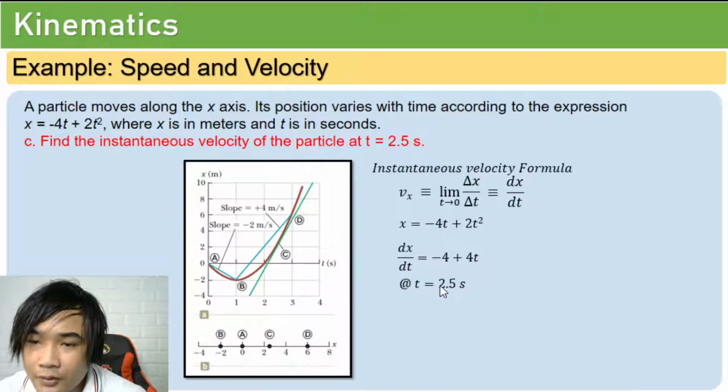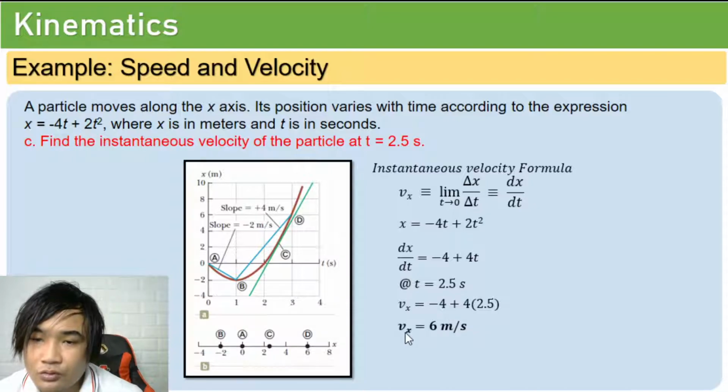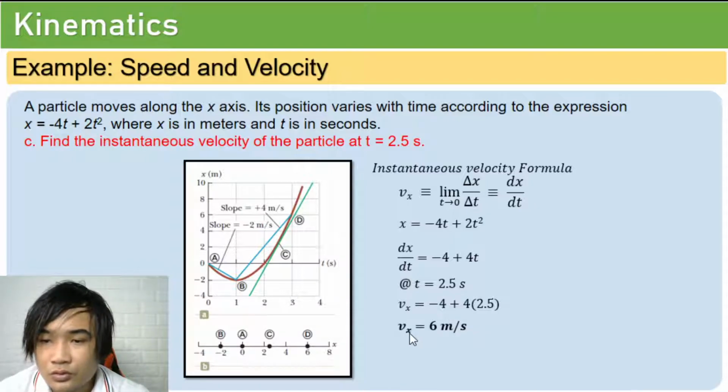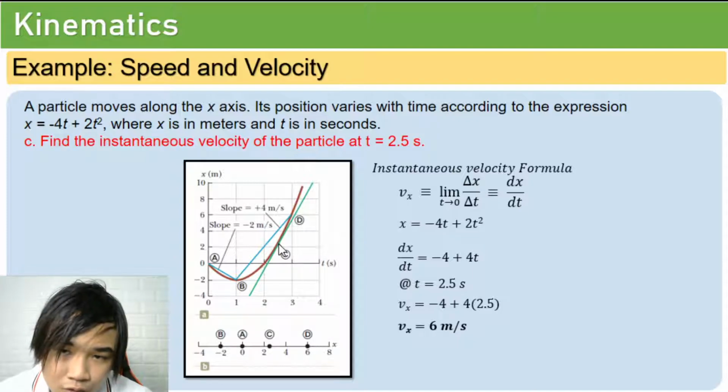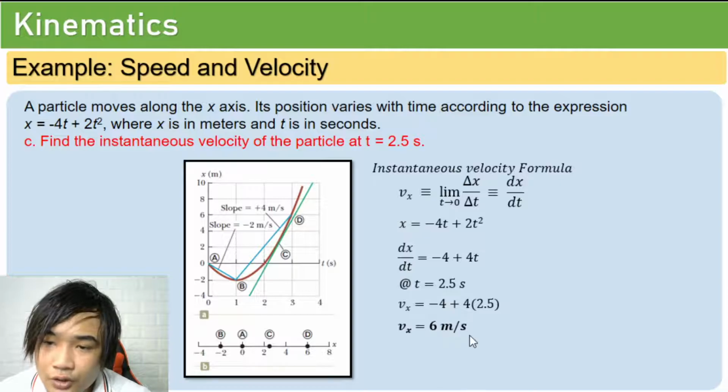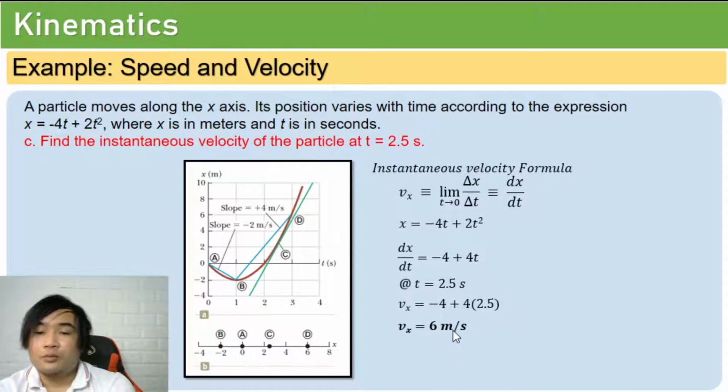So, at time equals 2.5 seconds, therefore, Vx is equal to negative 4 plus 4 times yung time niya, 2.5. So, yung instantaneous velocity niya at that point, yung magnitude ng speed niya is 6.0 meter per second.